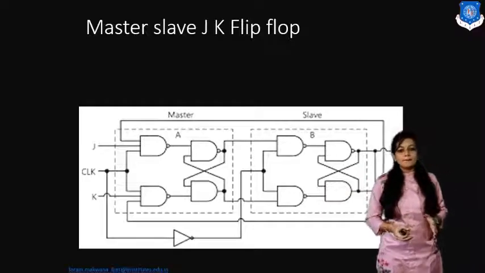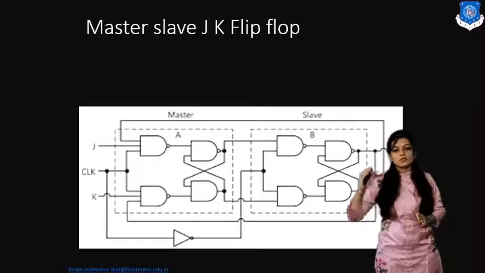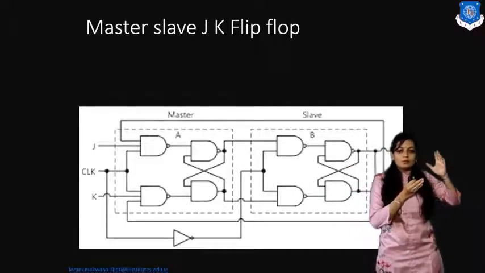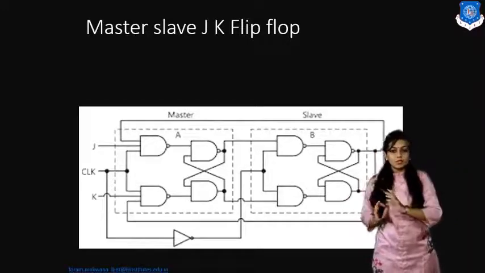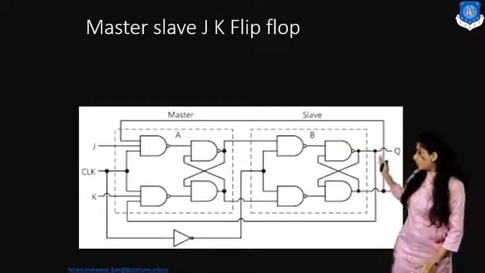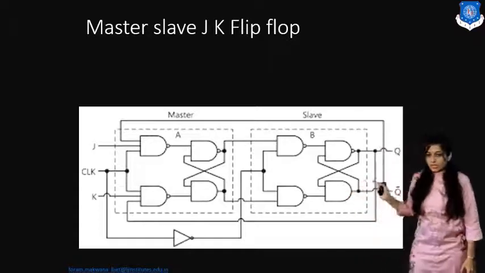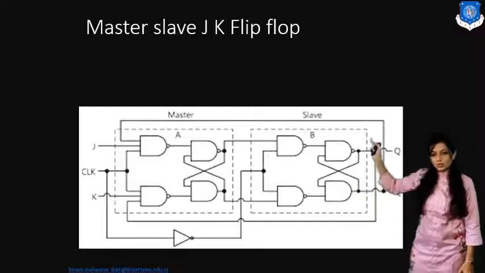So at a time, if clock is equal to 1, master is active. If clock is equal to 0, slave will be activated. So the output of the master is applied to the slave flip-flop and is reflected at the output of the slave. And see, the outputs of the slave are also connected.